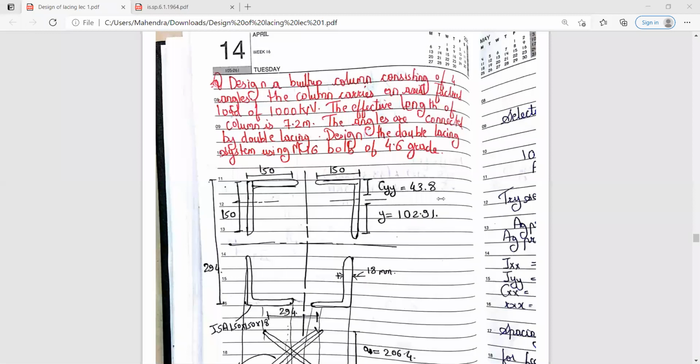Just note down the question. After completing the question, let me know so that we can proceed further. Yes, done. Completed the question.